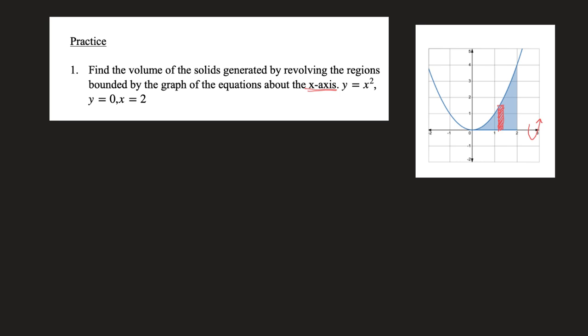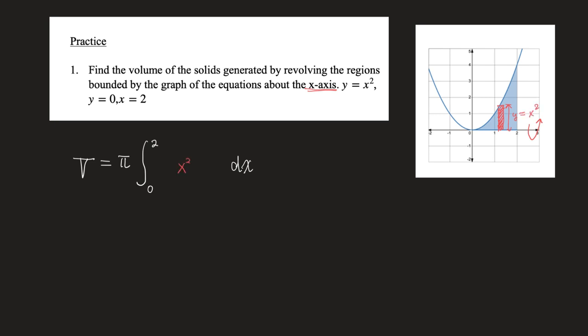Did you sketch it? So find the volume: pi, integral, the base is going to be dx, from 0 to 2. All you have to find is the height. The height in this case is the y value, y equals x squared.